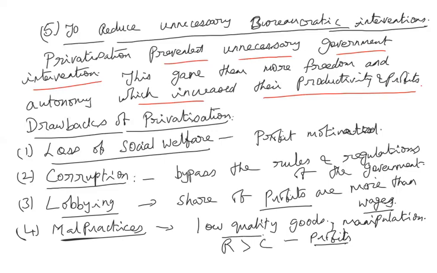If they use quality raw materials, automatically the cost of production will be high, isn't it? If they use, for example, inferior quality raw material, the cost of production will be lesser and their revenue will be more, and that will increase their profit. So they will indulge in all those activities which increase their profits.